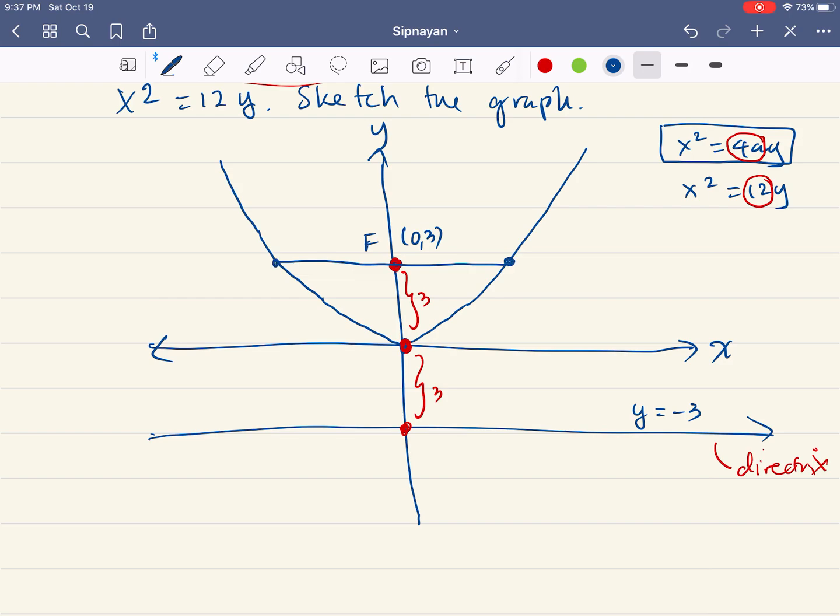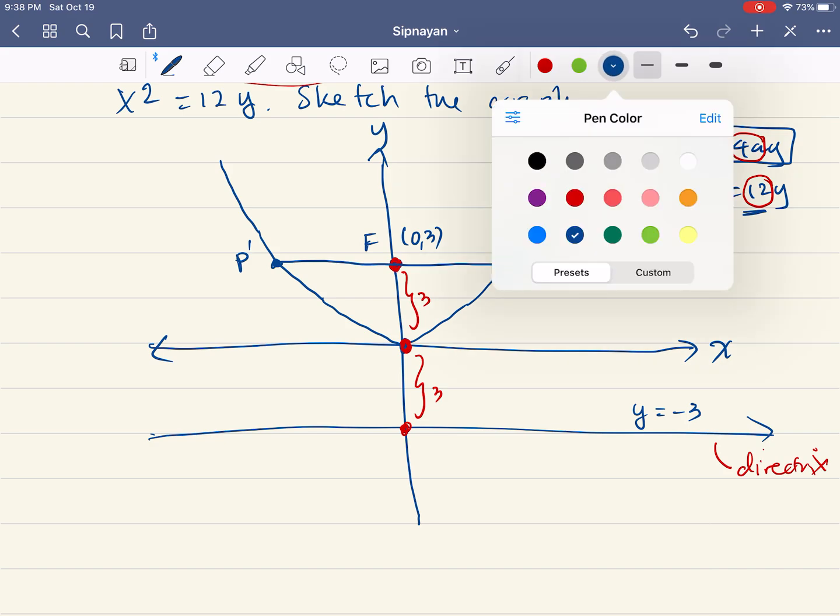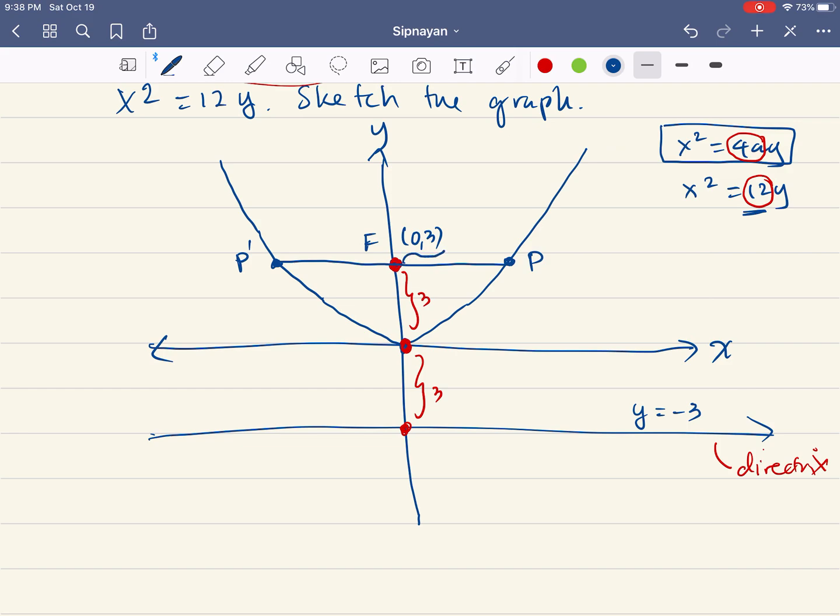Sabi natin ang latus rectum ay 4a, which means na ang length ng latus rectum ay 12. Suppose this is P and P prime yung latus rectum natin. Pag 12 yan, ibig sabihin tig-6 sila, kasi midpoint tong F. Ibig sabihin, tig-anim yung dalawang ito. 6 units.